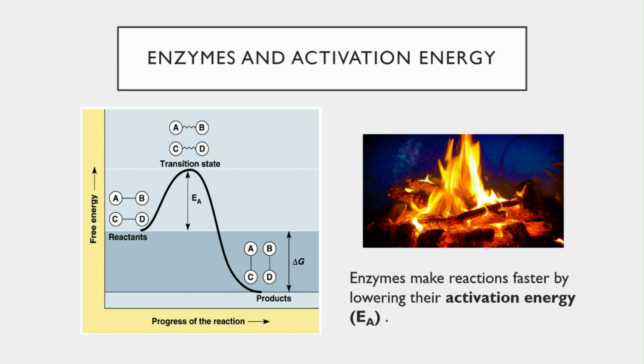So if we go back to our campfire example, the wood would be the reactants, and carbon dioxide would be the products. The line demonstrates how much free energy is in the system, called G, or Gibbs free energy. As we can see in the middle, an amount of energy must be added to the chemicals to initiate the reaction. This is a process of getting over this hill and creating these intermediate transition states.